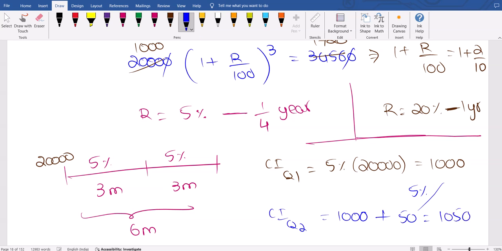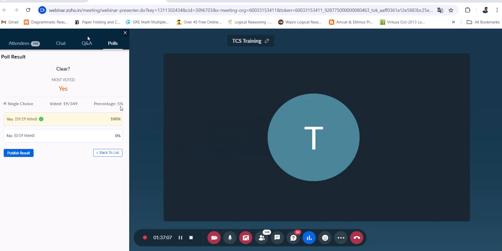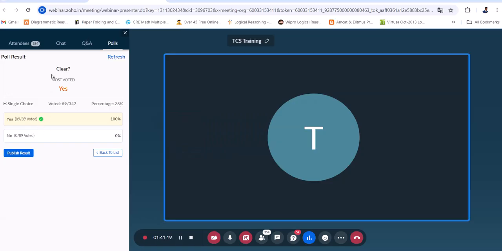So 1,050. Adding these two, 2,050. So for 6 months, first quarter 1,000, second quarter 1,050. For 6 months, 2,050. Option B is correct. 2,050 is your answer here.